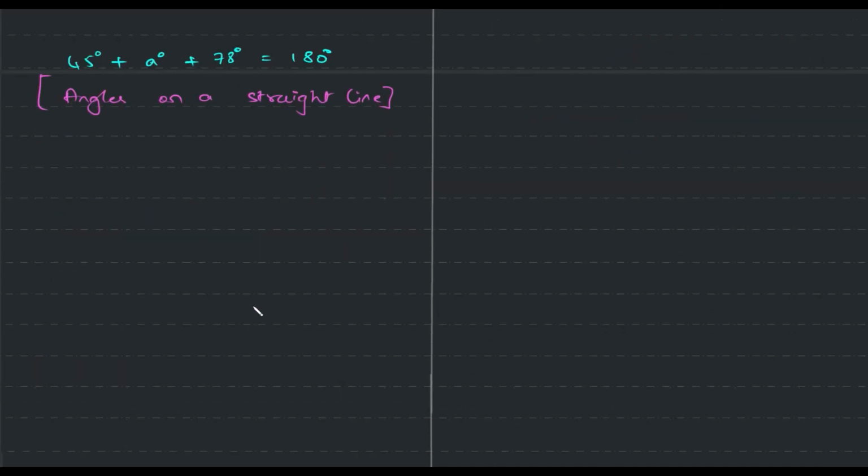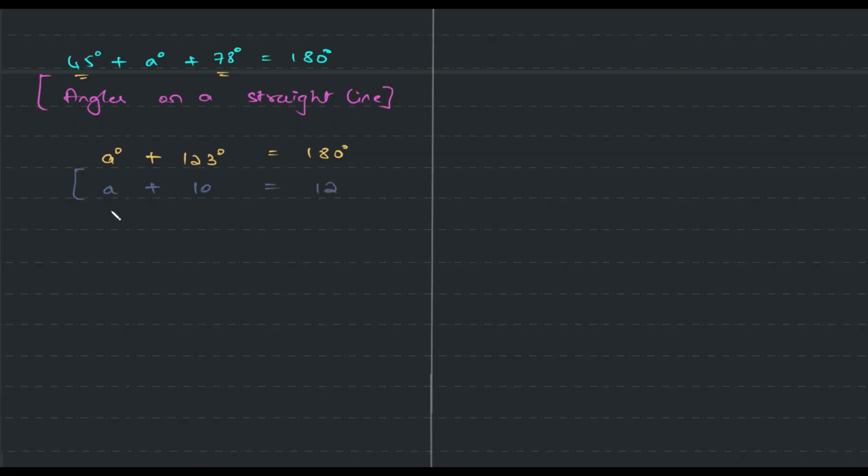Okay, so this is a matter of solving simple things. So 45 and 78. If I give you 45 and 78 and something else, you can add this and write that I have that something, and along with that I have 123 degree. Can I tell that? We can, right? Because these two add up to 123 degrees, so we're just writing that. Now say a plus 10 is equal to 12.